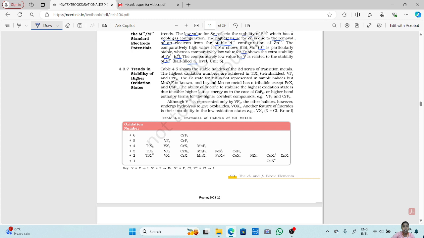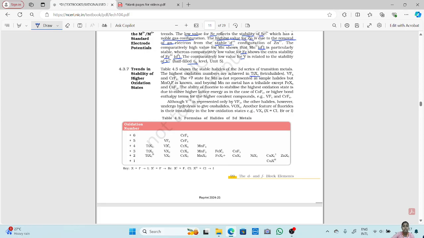Now, the highest oxidation number is achieved in titanium tetrahalides, TiX4, vanadium pentafluoride, and chromium hexafluoride.